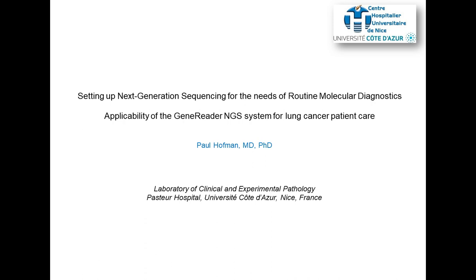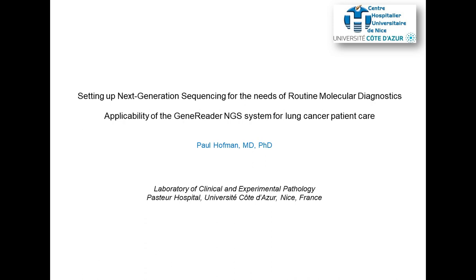Yeah, it's a pivotal question. I mean, it depends, of course, on your NGS system. I would prefer to have a bioinformatician in my laboratory to interpret the results, since it's a very specific area of medicine right now. If we have some NGS systems such as the S5 of Thermo Fisher or the MiSeq of Illumina, I think it's definitively mandatory to have a bioinformatician to interpret the results.